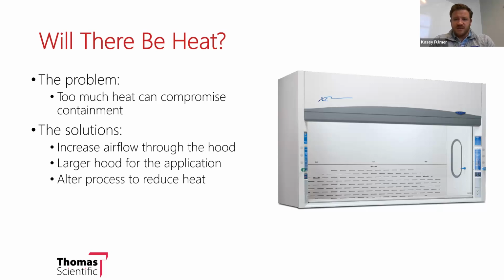If you have too much heat, eventually the risk of the exposure becomes greater than the desire to not have multiple fume hoods or maintain your process. So that is something that can be considered, and I've talked to many people who that has had to be the route, their solution.